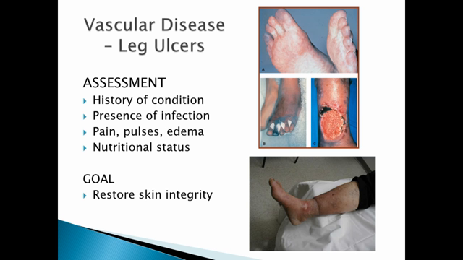What's their circulation status? How are their pulses above and below that particular wound? What's the level of edema? What's their nutritional status? If your patient has low protein levels and low albumin levels, they're already predisposed to edema. So do we have that going on top of this already problem with the vascular disease?